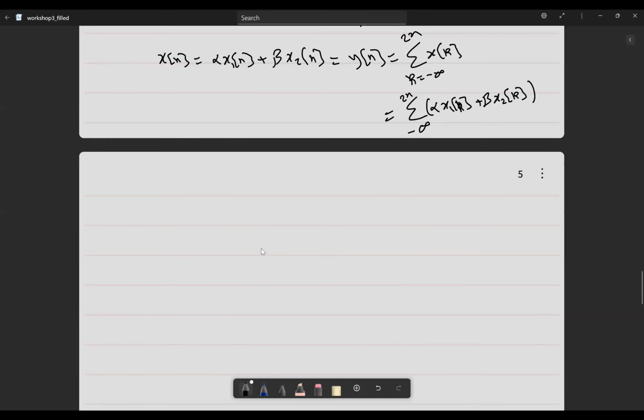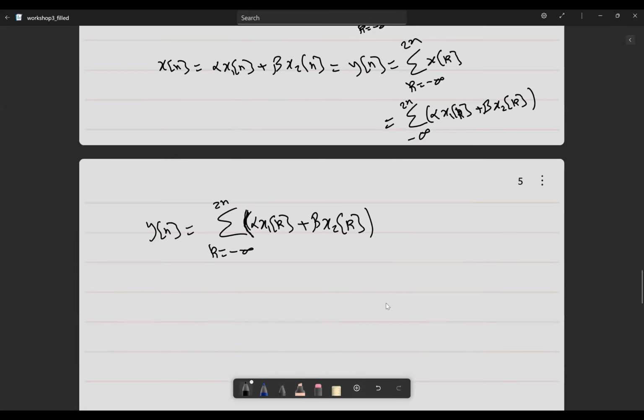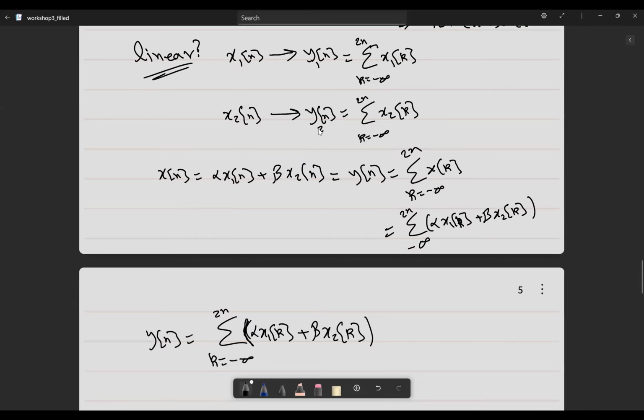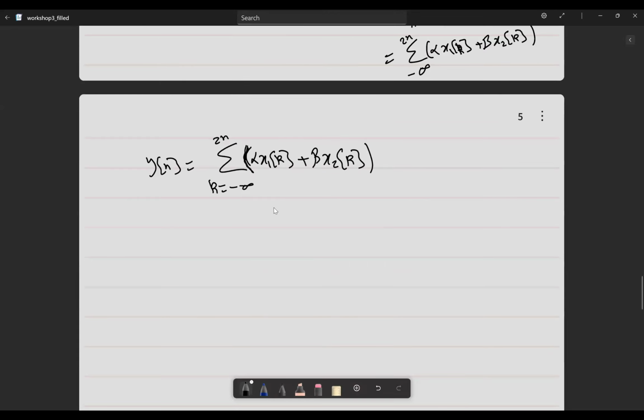Now y[n] equals the summation from k equals minus infinity to 2n of alpha x1[k] plus beta x2[k]. Let's write alpha y1 plus beta y2 to compare it with this.